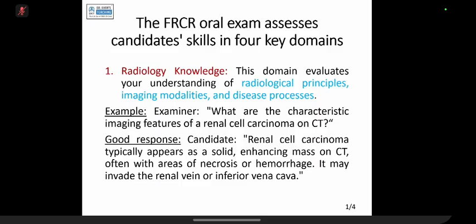And you say that it is typically a solid enhancing mass on CT. It can have necrosis and hemorrhage. It can go into the renal vein, IVC, etc. So this is where your radiology knowledge is checked. Of course, if I start asking you about TNM classification, everything else is radiology knowledge.